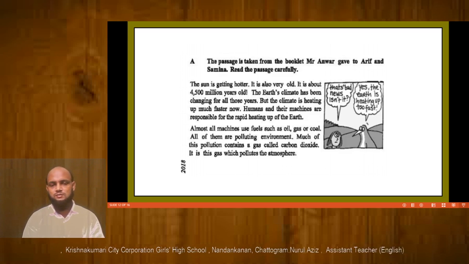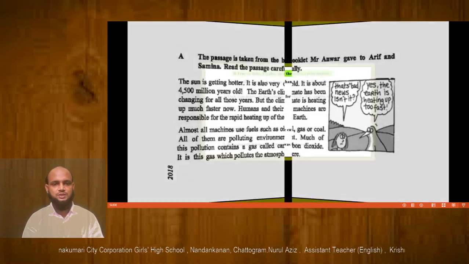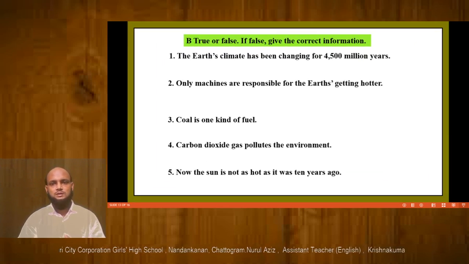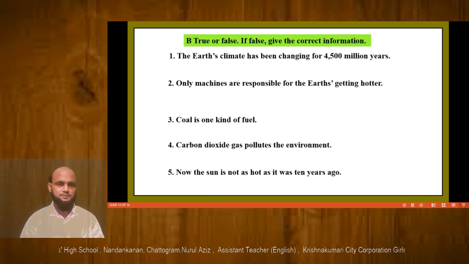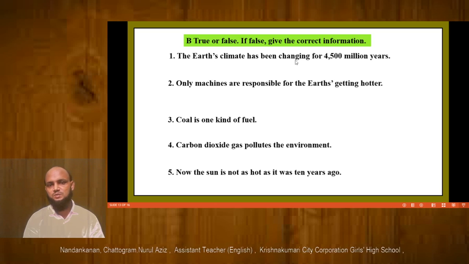After this we will have a true false question. You have to write the correct answer if the information is false. The first one is: the earth's climate has been changing for 4500 million years. Is this true or false?